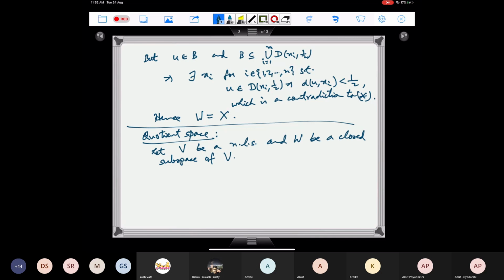For a vector space, you might have seen that if you have any vector space and any subspace, then you can define the quotient space V mod W. So how is the quotient space defined? That is by defining an equivalence relation.